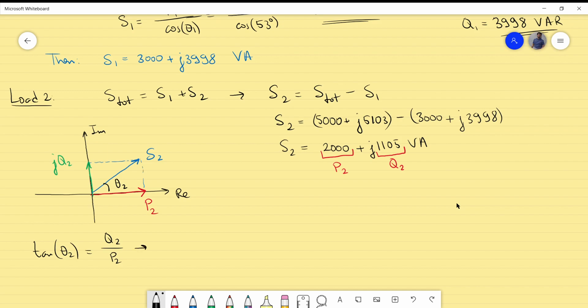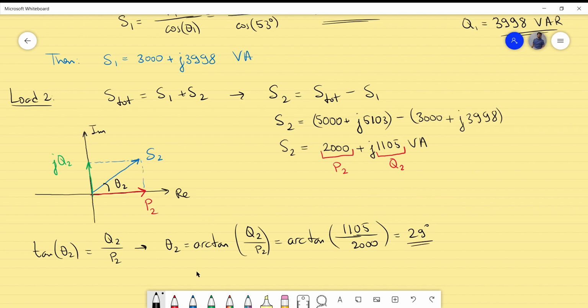So theta 2 will be the arctangent of Q2 divided by P2. Filling in the values, Q2 is 1105 divided by 2000, which gives almost 29 degrees. So that's theta 2.